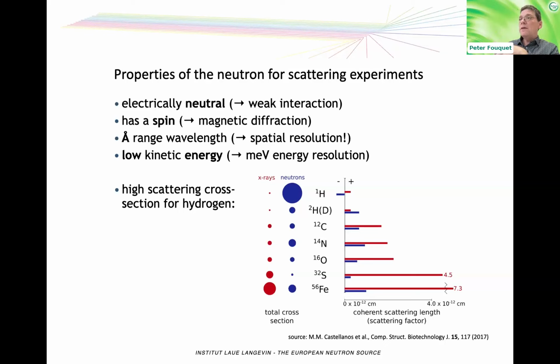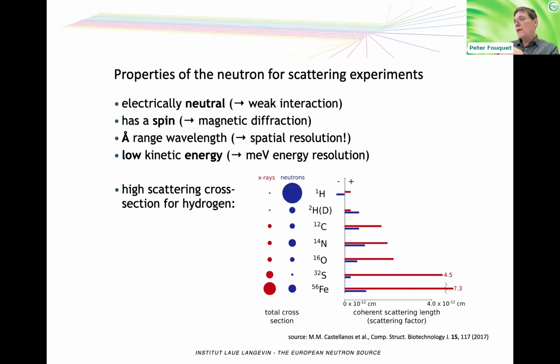And finally, you have very low kinetic energy. So for us, it's pretty easy to get milli-electron volt energy resolution, or even down to micro or nano electron volt in some extreme applications.